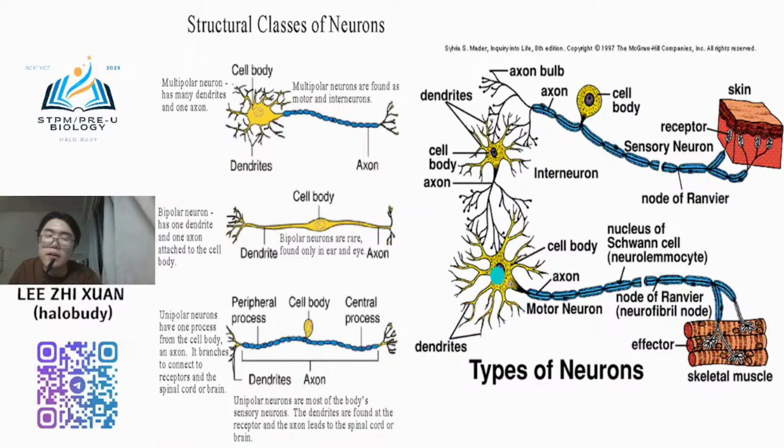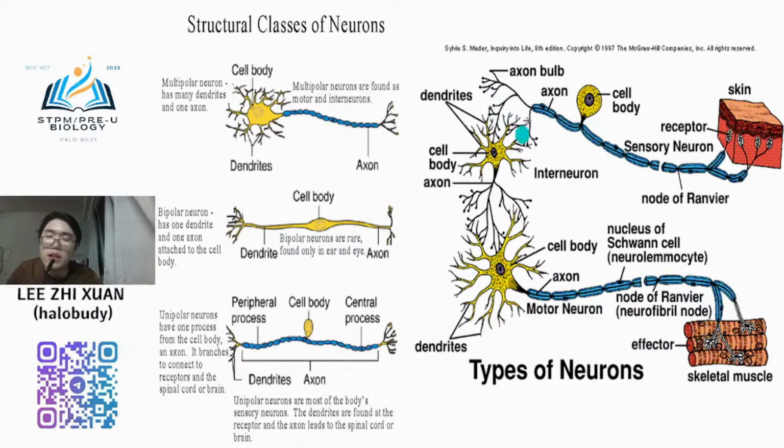Because you see that the cell body is already located at the end of the neuron cell, right? So the dendrite is shorter, and everything afterward the cell body we call the axon, because the axon receives the electrical impulse from the cell body and then transmits it to another neuron through the synapse, or to the neuromuscular junction.